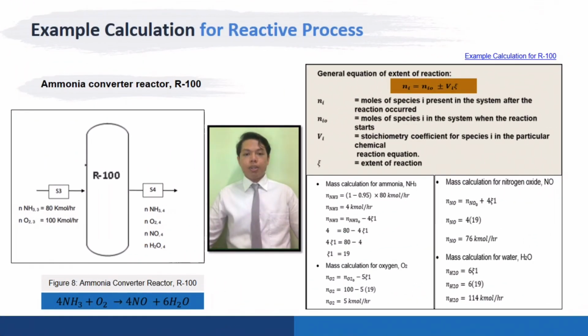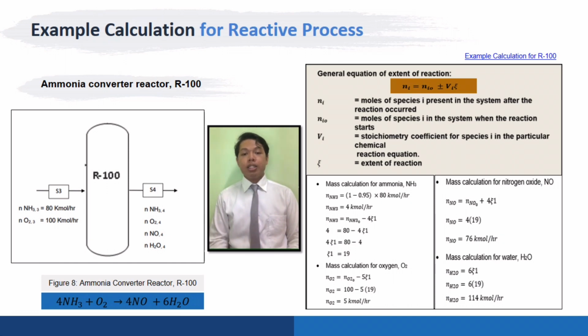In the production of nitric acid, there are three main reaction processes: the first is the oxidation of ammonia, second, the oxidation of nitrogen oxide, and the third is the absorption of nitrogen dioxide. So this slide shows one example of the calculation for the reactive process, which occurs at the ammonia converter reactor R100, whereby the oxidation of ammonia reaction happens.